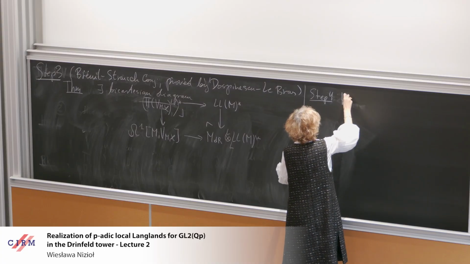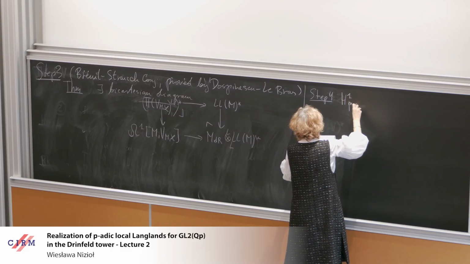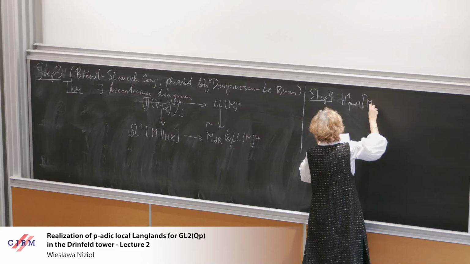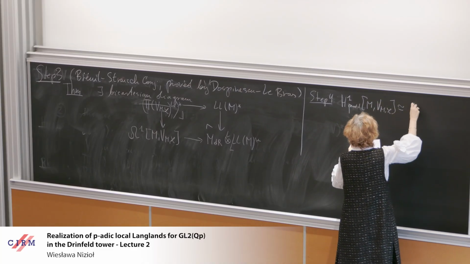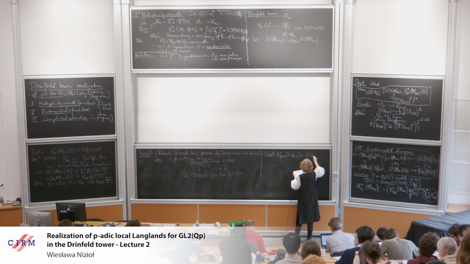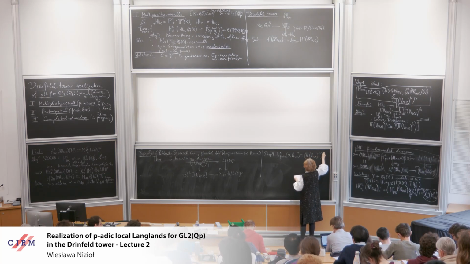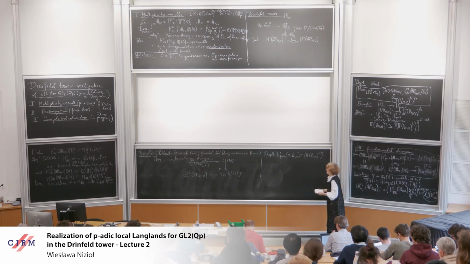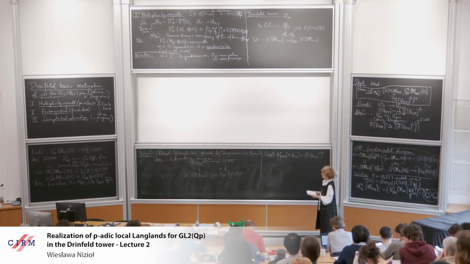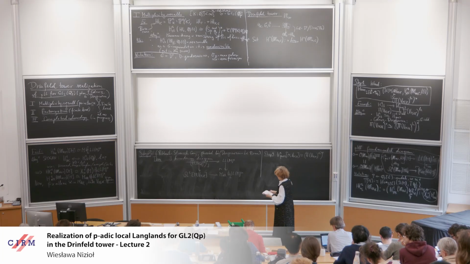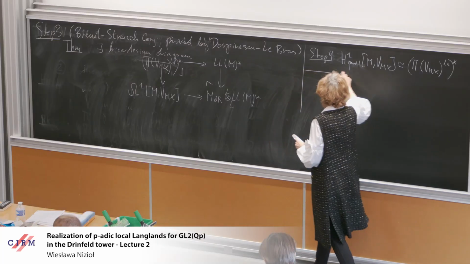We have that H1 pro-etale, the Jacquet-Langlands part, the Galois part, is the same as the pi_V ML locally analytic dual part. That's what we wanted. So that's the proof of the multiplicity for V the way we see it now.